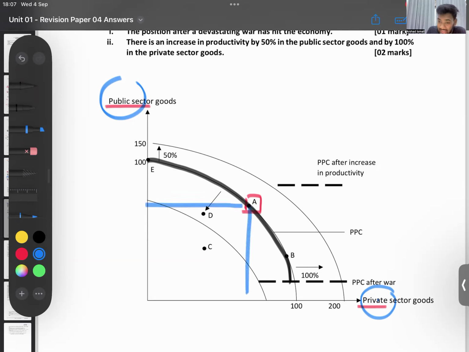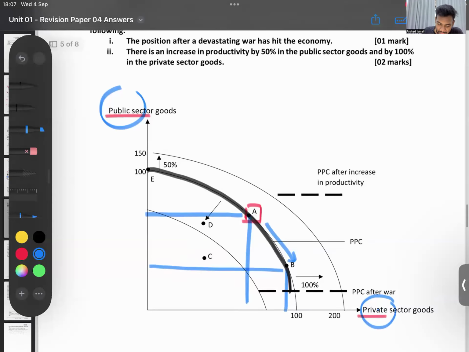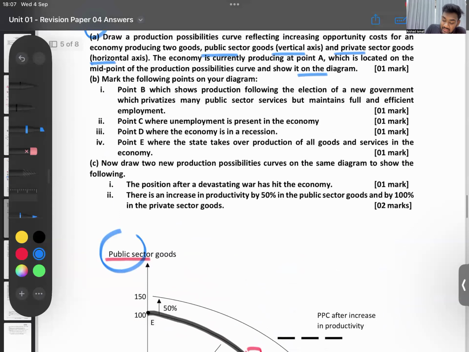You are at point A. From point A, you will move to a point that produces more private sector goods, but you will still be on the PPC, because the question says what? Following the election, the new government privatizes many public sector services, but maintains full and efficient employment.